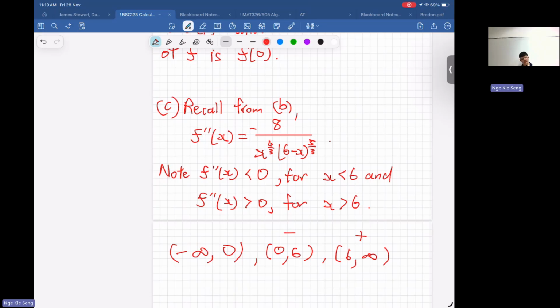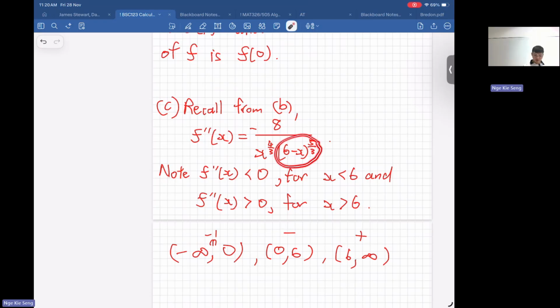Negative is a positive. Wait, let me think. Because of 4 over 3 x to the power 4, because of the negative sign, if I put -1 here, so which part goes wrong here?